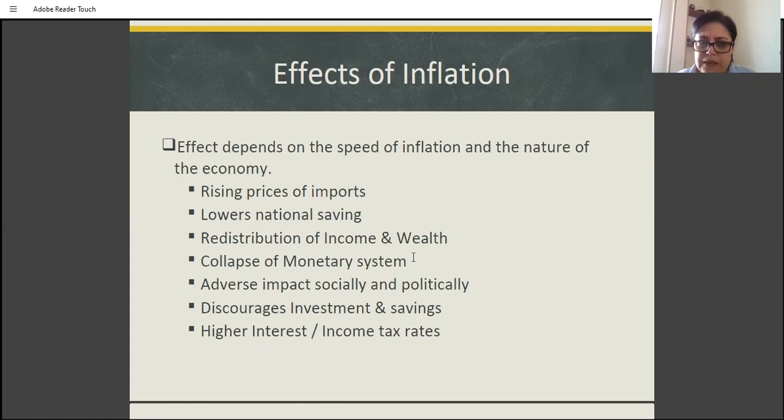The other one, a redistribution of income and wealth. You know that among the major economic functions of the government is redistribution of income and wealth, because it's very important for every national economy in order to avoid some negative social processes in the community. That's why the government, by means of transfer payments, tries to redistribute the income from the extremely wealthy members of the community to the people with low incomes.